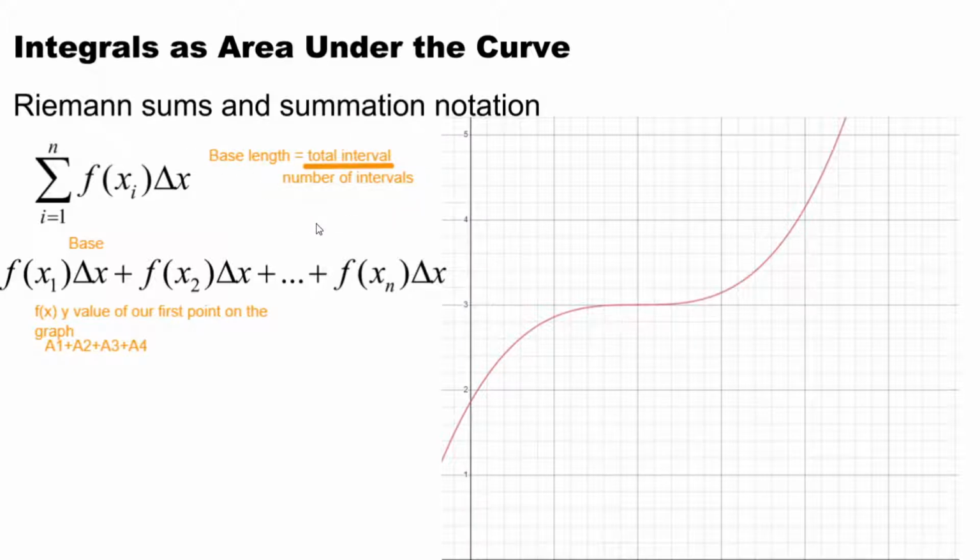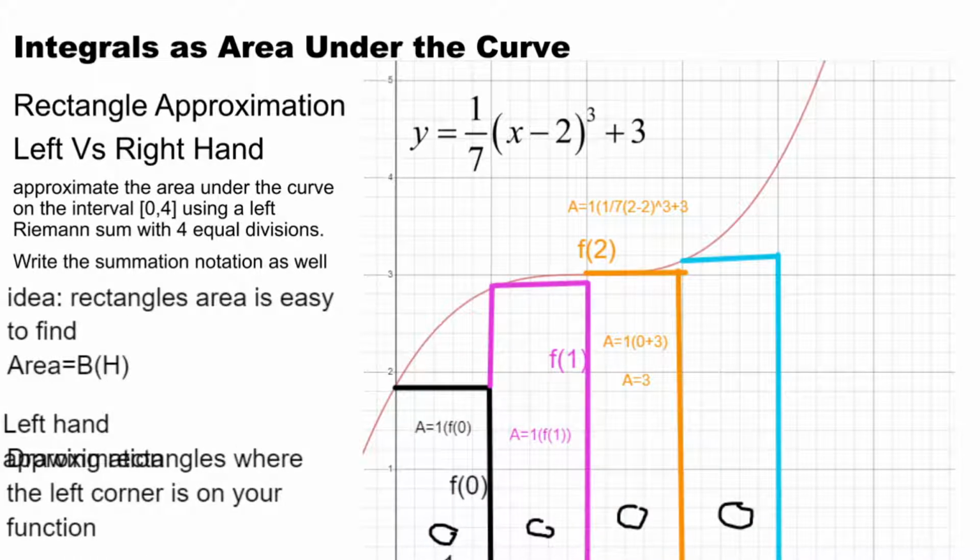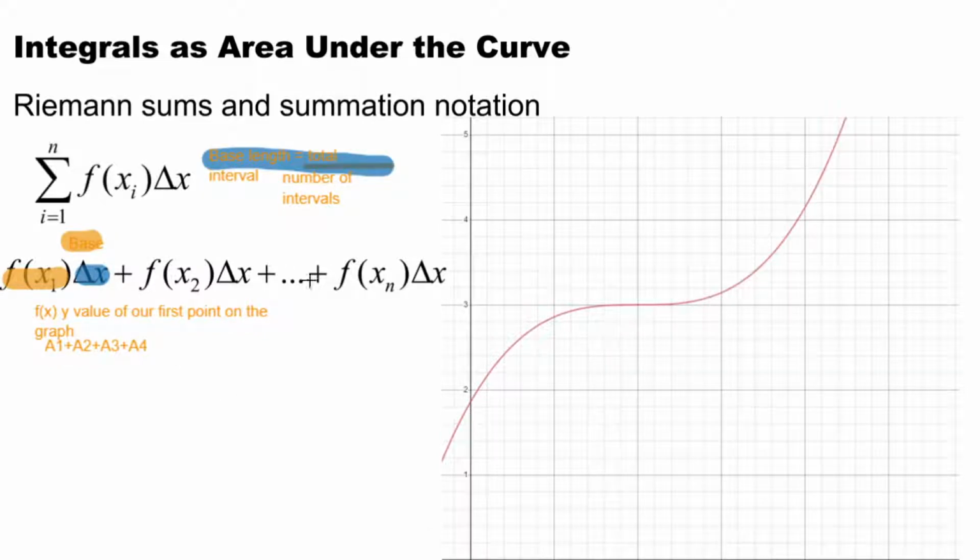And that's how you find your base length. So again, what we have here is this first section. This is your first base. Second, we have this over here. This is your base length. So this is base times height, base times height. And we're just going to keep doing that over and over until we do all of our little rectangles. That's what this notation is doing.